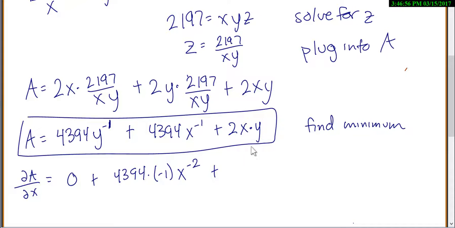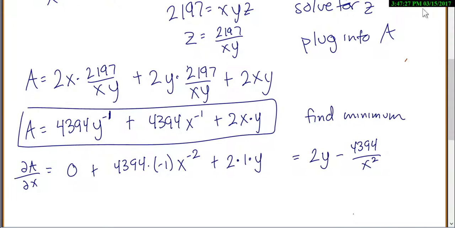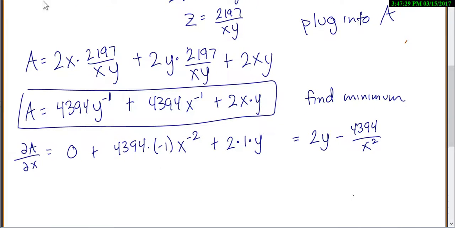Plus, in 2xy, the 2 is there, the derivative of x is 1, and the y stays there like any other constant, just like the 2 did. So this is 2y minus 4394 over x squared. Now usually we want to set this equal to 0 and solve.